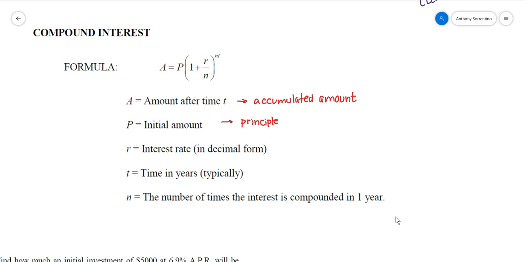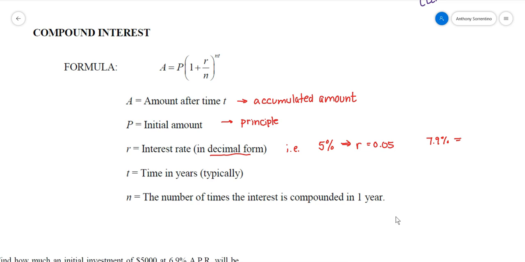R is the interest rate in decimal form. So if I say we have 5% interest, R is 0.05. If I have 7.9% interest, a big issue is that students will say, oh, 7.9 interest, already a decimal, so 7.9 is R. Well, no, this is still written as a percentage.